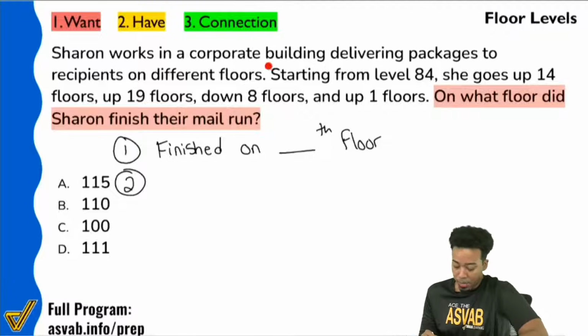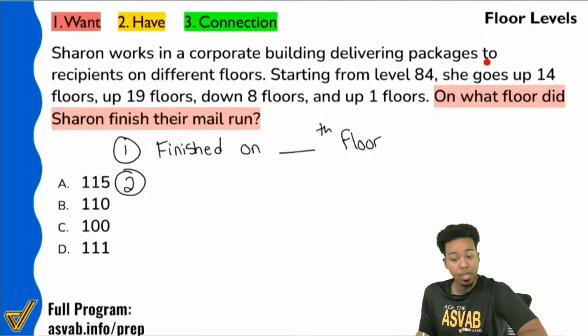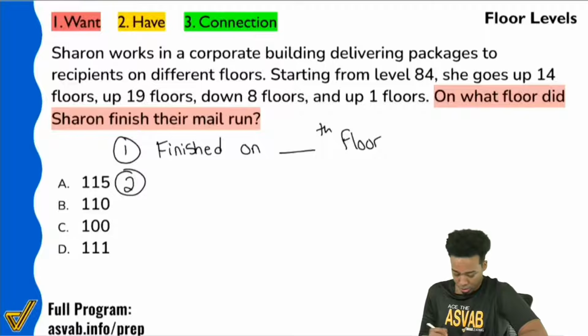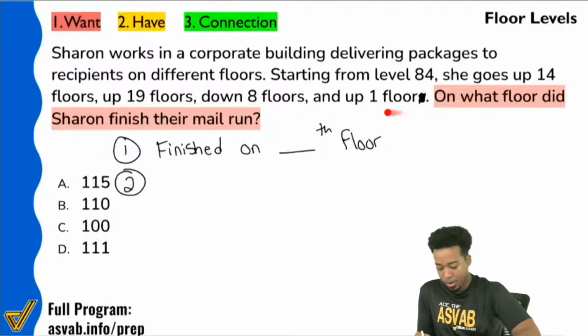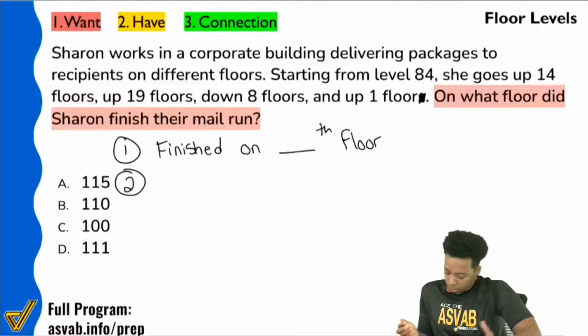We see that starting from level 84, she goes up 14 floors, up 19 floors, down 8 floors, and up 1 floor. It should say floor; I'll correct that grammar in my program. Let's write that information down.